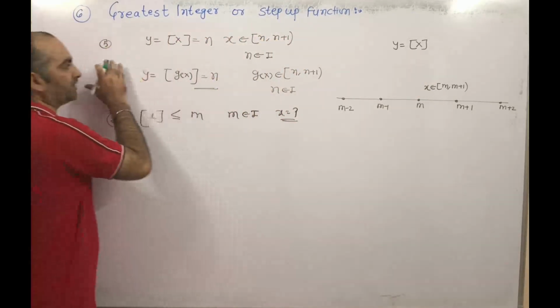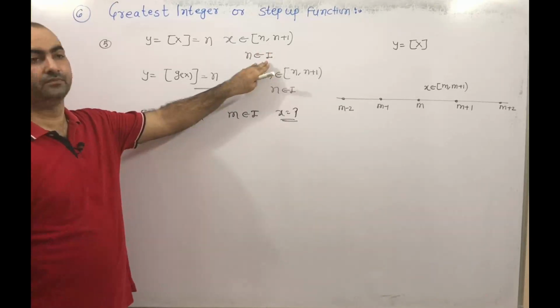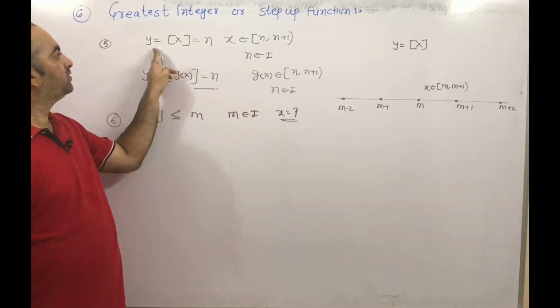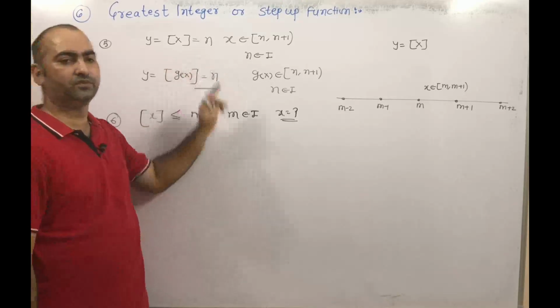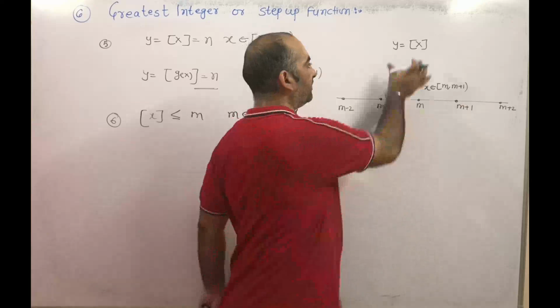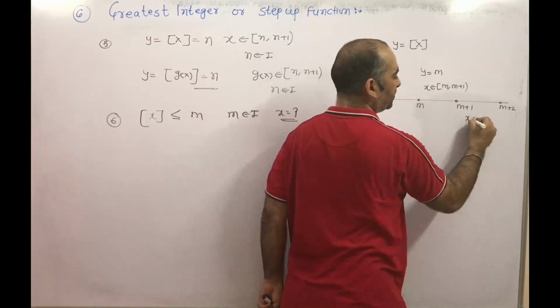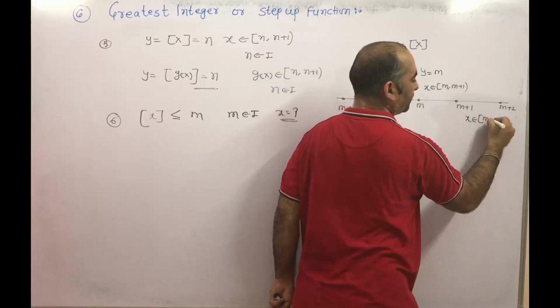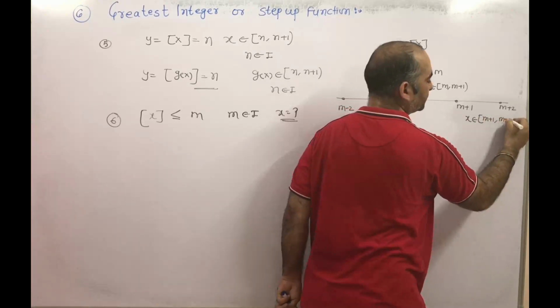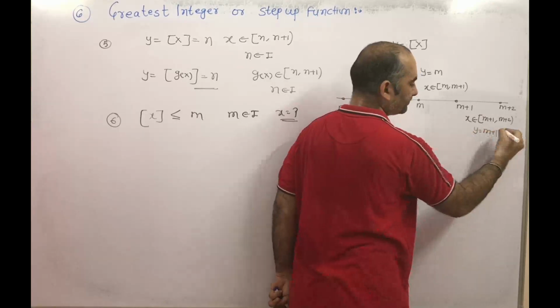Using this property, we can say if x is in n to n plus 1, n an integer, then y equal to greatest integer of x will be n. So in this interval, the y value will be m. If I take x belongs to the interval m plus 1 to m plus 2, then the y value is m plus 1.